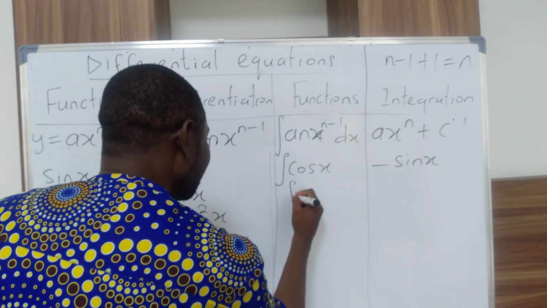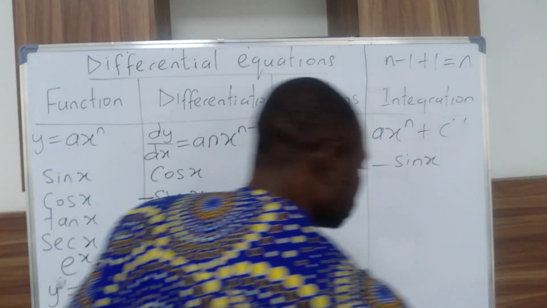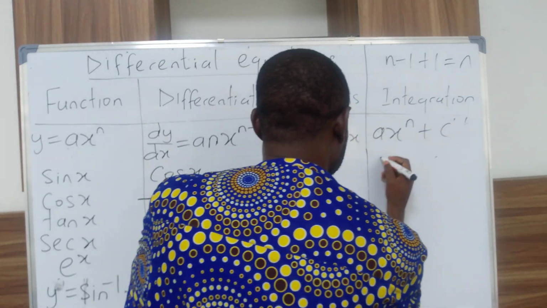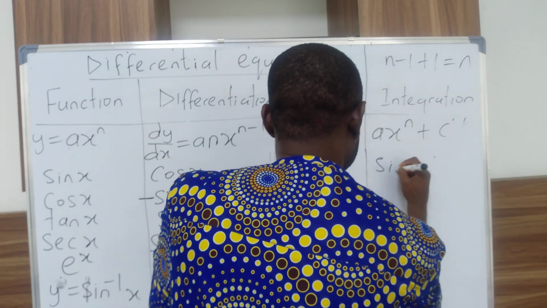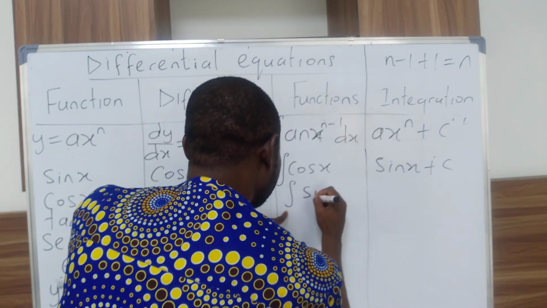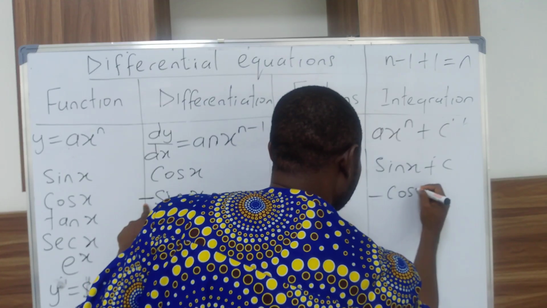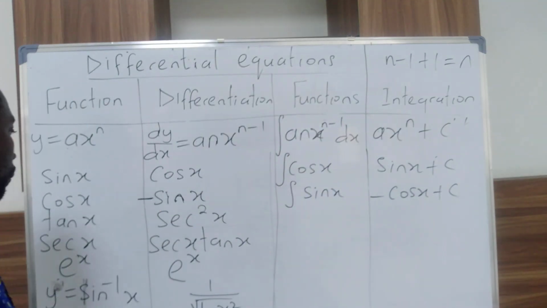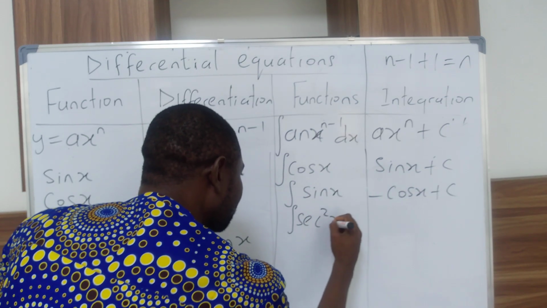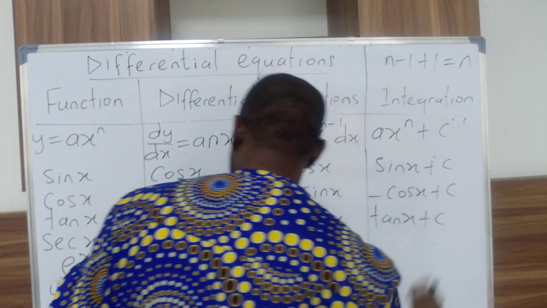But if I integrate cos, I'm going to get sin x. Get this one back. If I integrate sin x, because of this minus, I'm going to get minus cos x plus c. Okay? If I integrate sec square x, I'm going to have tan x plus c.